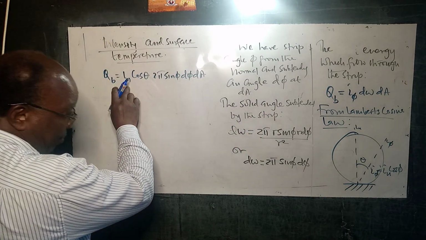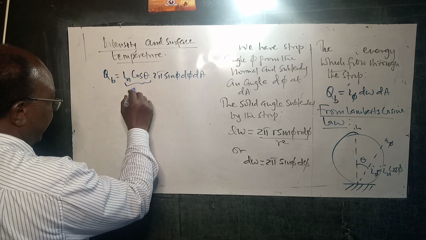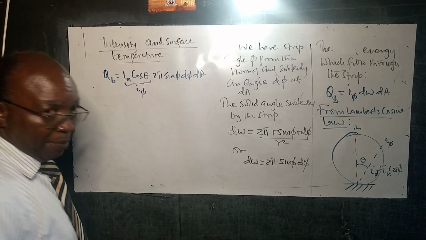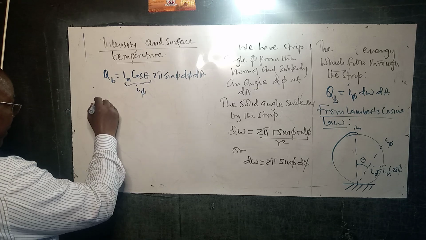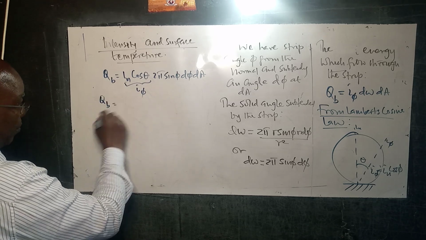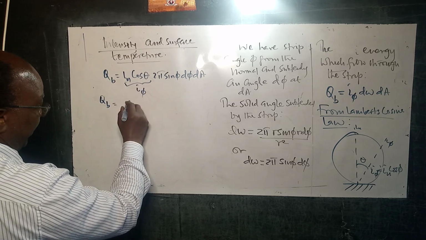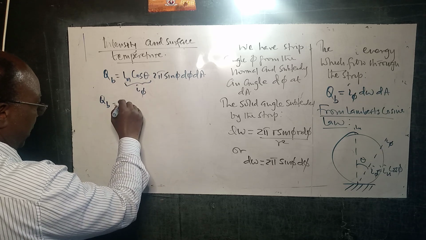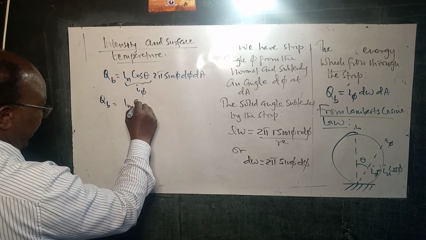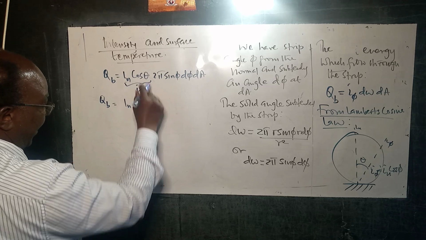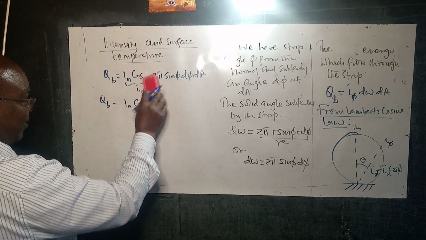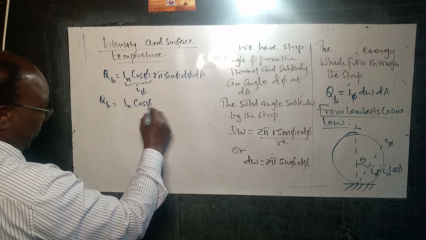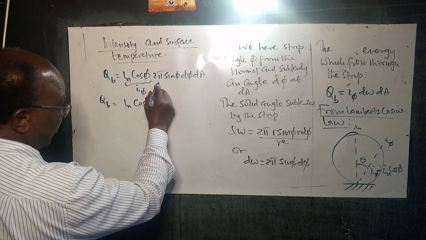So Q B will be intensity In cosine phi, not theta. I'm used to theta so much. Cosine phi 2 pi.